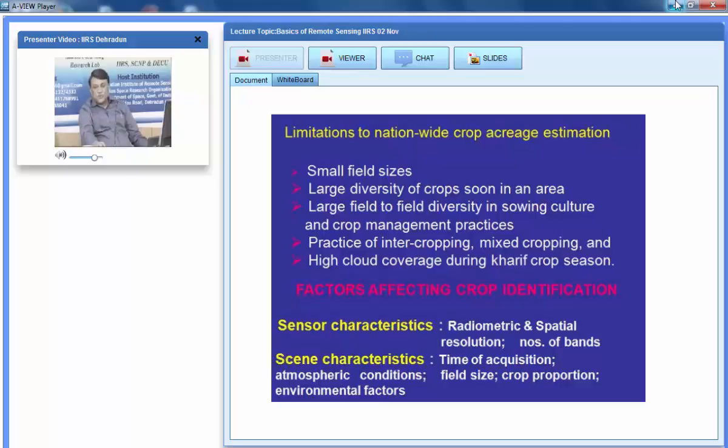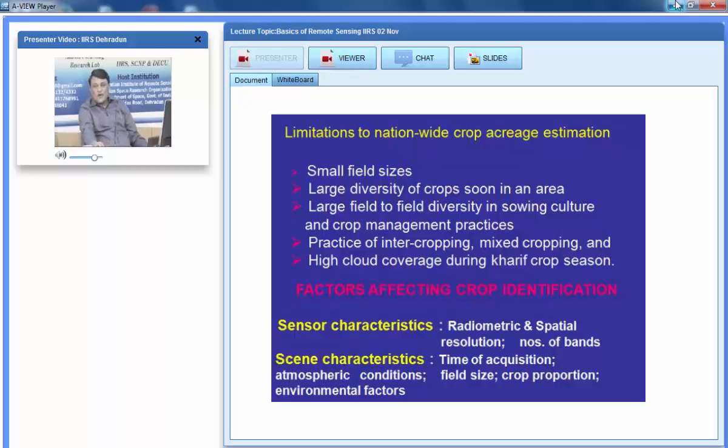So small field size hinders the applicability of even fine resolution like 23.5 meter or 30-meter resolution to make accurate crop discrimination.